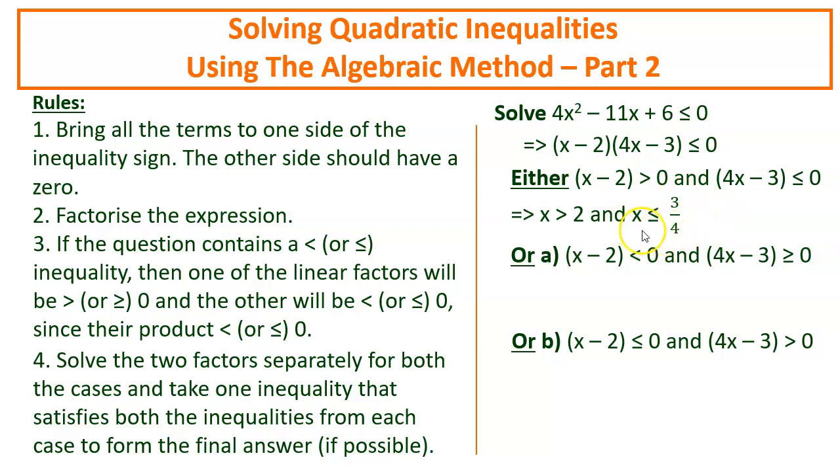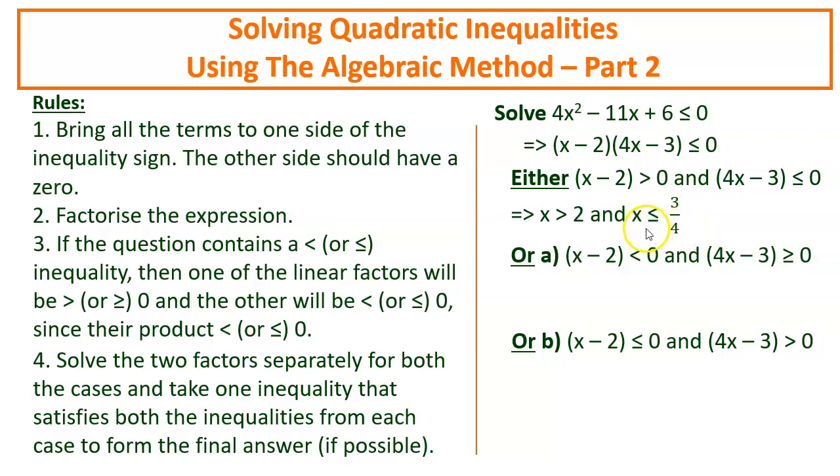Can you think of any number which is equal to or less than 3 over 4 but is greater than 2? X can be equal to 3 over 4, but 3 over 4 is definitely not greater than 2. X can be any number less than 3 over 4. If I take x equal to 0, 0 is less than 3 over 4.